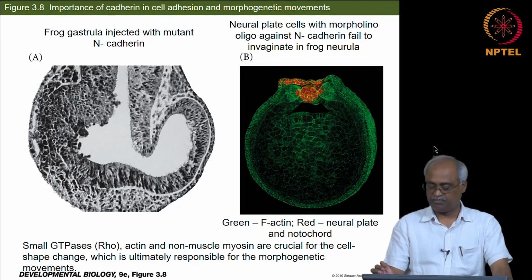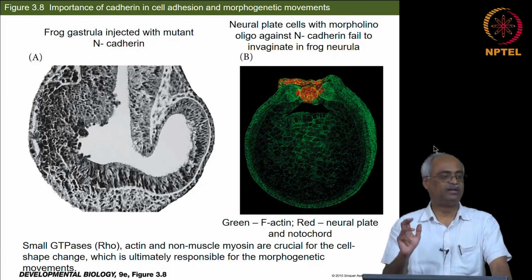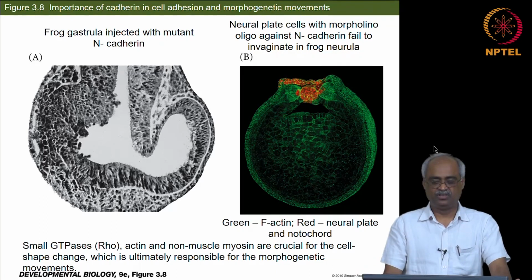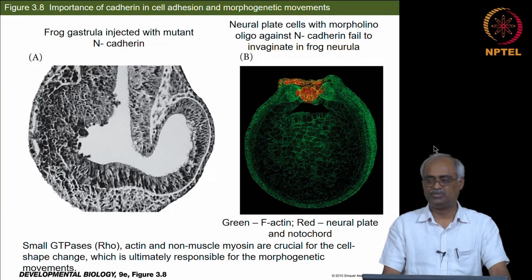So, the type of cadherin and their spatial localization and their concentration, all of these are spatially and temporally dynamically regulated. So, I stop here because today I wanted to focus only on the morphogenetic movement and the role of cadherins.